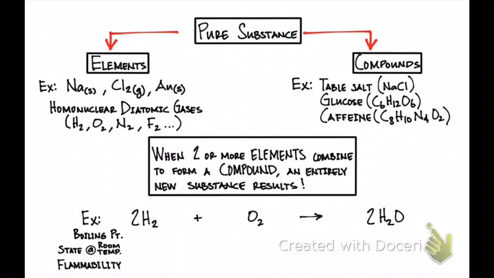So if you look at hydrogen gas and oxygen gas, for instance, their boiling points are different. Hydrogen gas boils at a much lower temperature, negative 253 degrees Celsius. Oxygen gas boils at negative 183 degrees Celsius, but then water, the new substance that's formed, boils at 100 degrees Celsius. So you can see here that the physical properties are very, very different.